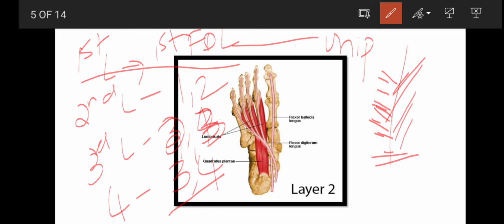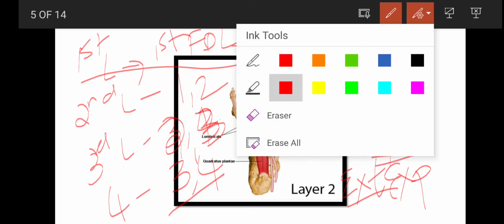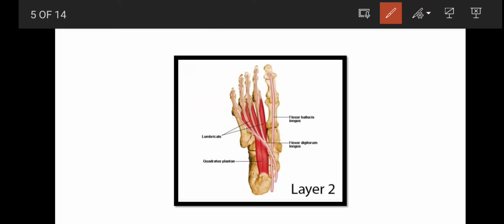Now they all pass forwards towards the lateral 4 toes, and they insert towards the extensor expansion. A similar pattern you find in the upper limb. So those are the lumbrical muscles, 4 lumbrical muscles, of which only the first one is unipennate, the rest are all bipennate.